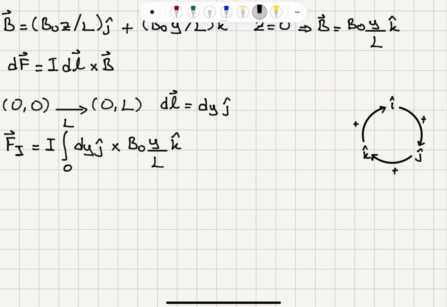What is j hat cross k hat? If I do these cyclic permutations, j hat cross k hat is i hat. So I note here that j hat cross k hat is i hat.